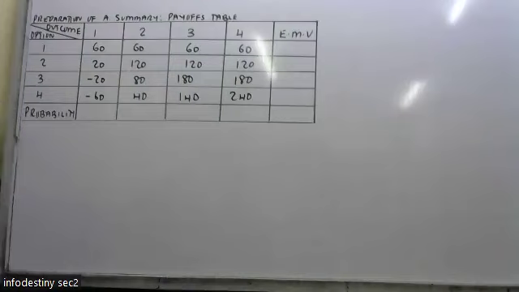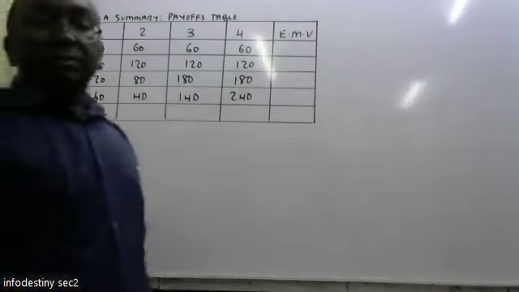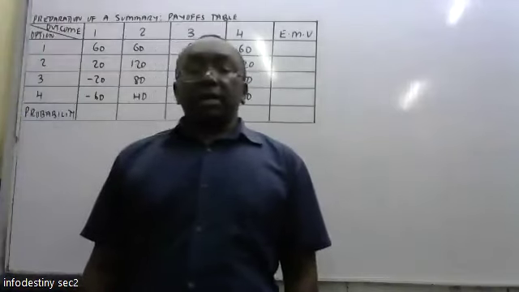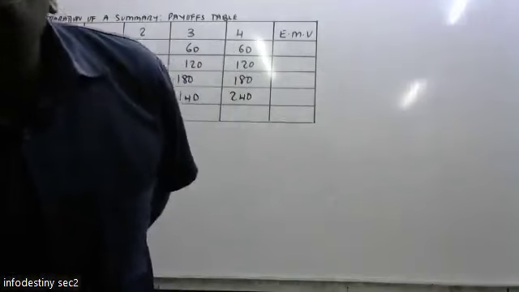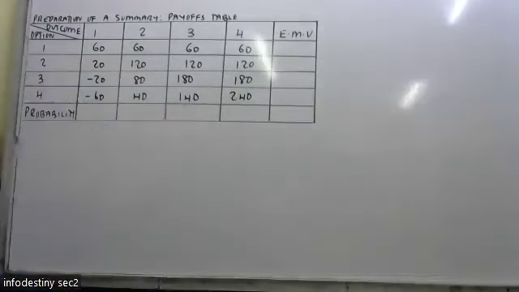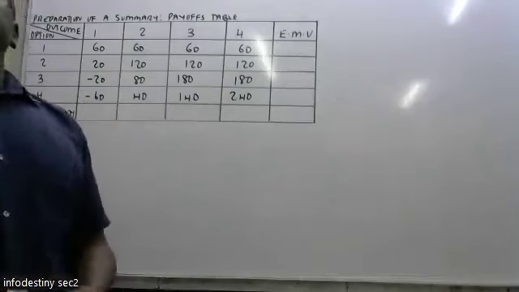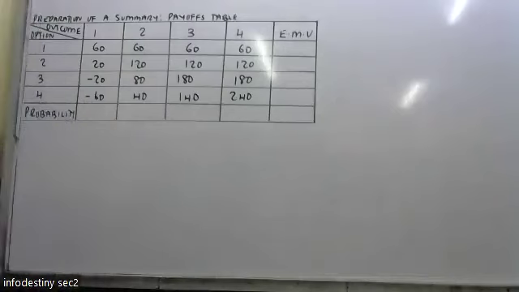Your frequency, add them, tell me how many they are. Add them. So divide each by 50. You divide each of those items by 50.